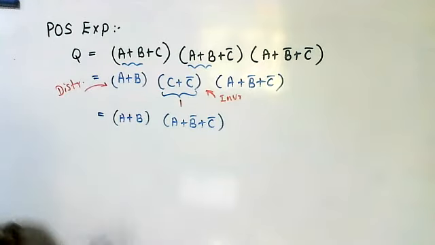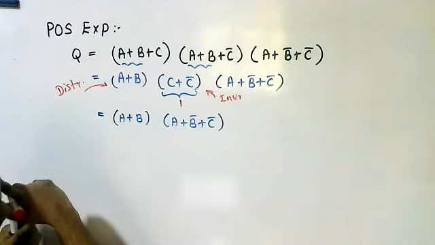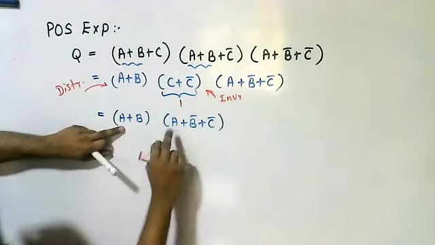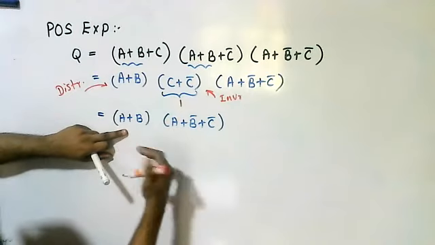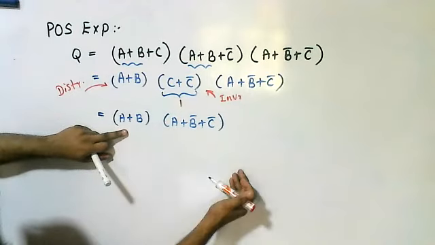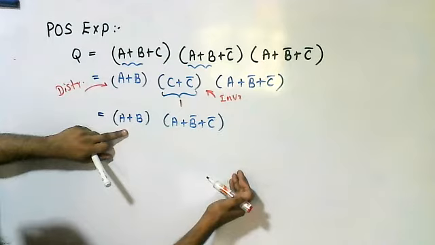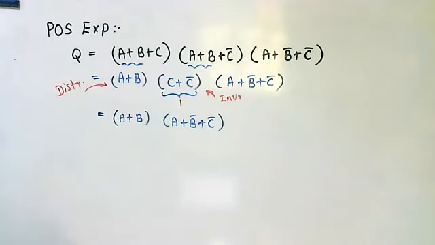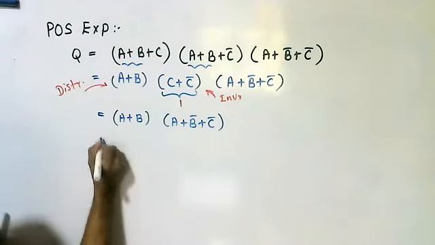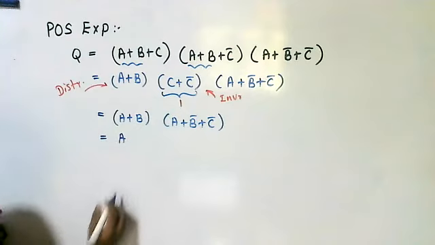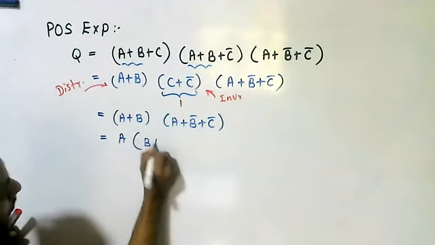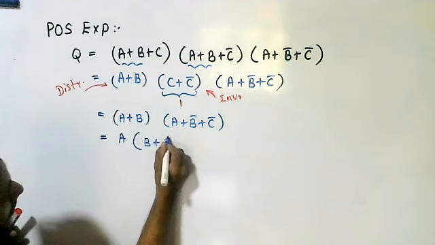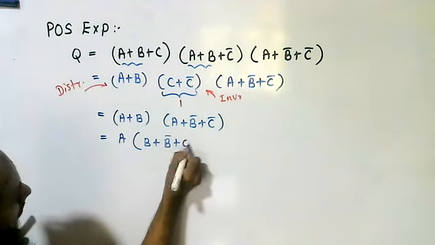Okay, we can multiply here, students. We try to take the common terms out. If we take A as common, B plus B bar plus C bar.